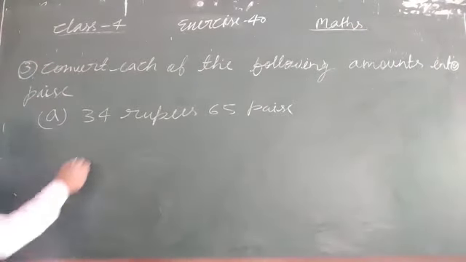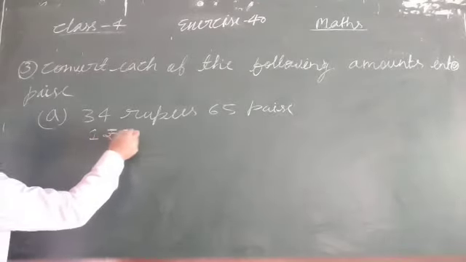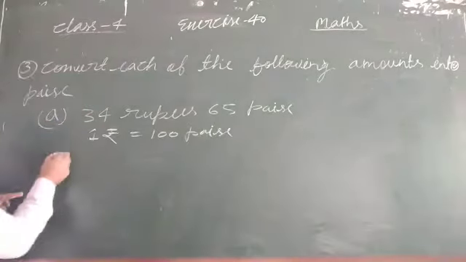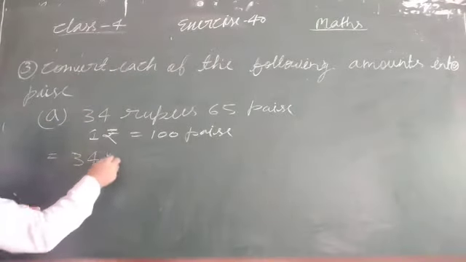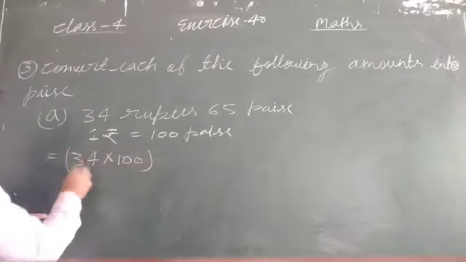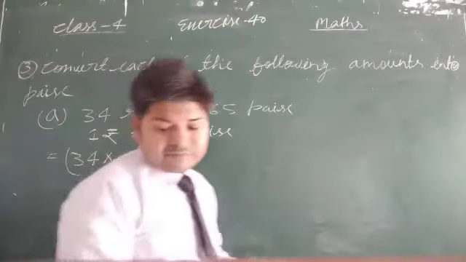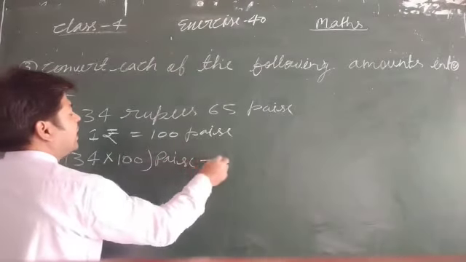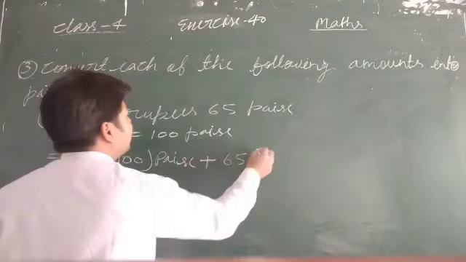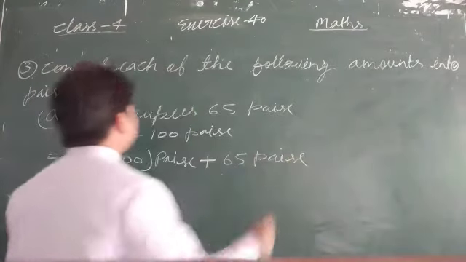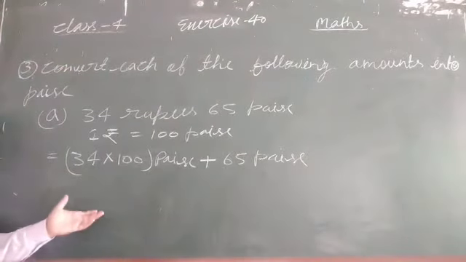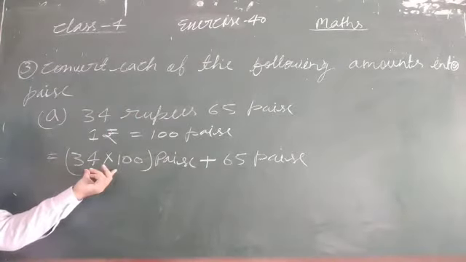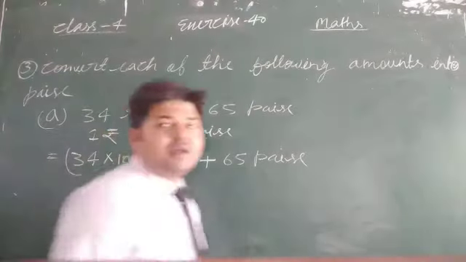So you know, students, 1 rupee is equal to 100 paise. So how will you do? 34 will be multiplied by 100. Now it will become paise, and this is already in paise, 65 paise. Okay. So whatever is given in rupees, you have to convert in paise by multiplying it by 100.